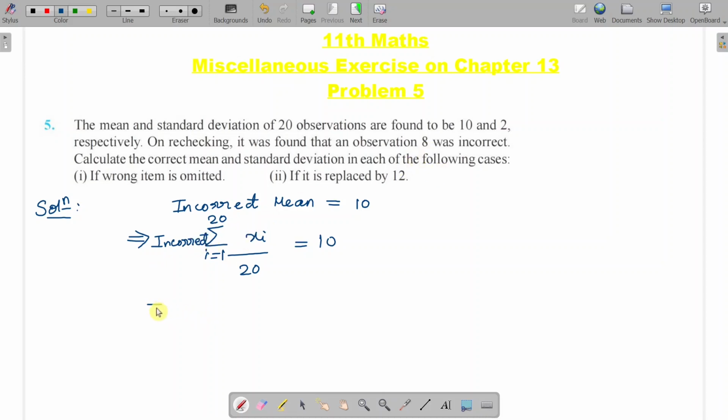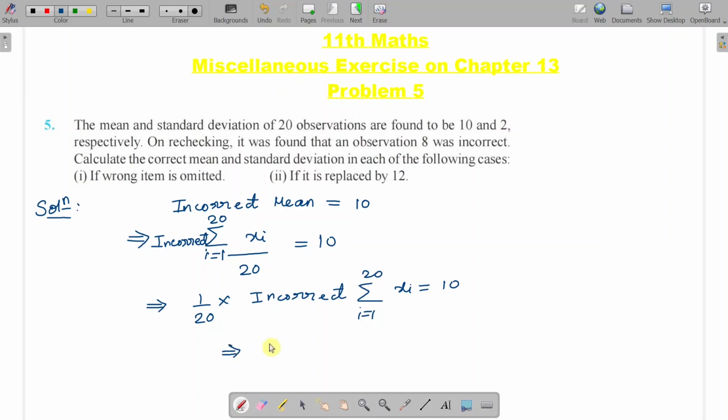because we are taking 8 in that. So, this implies 1 by 20 into incorrect summation i going from 1 to 20 xi is equal to 10.